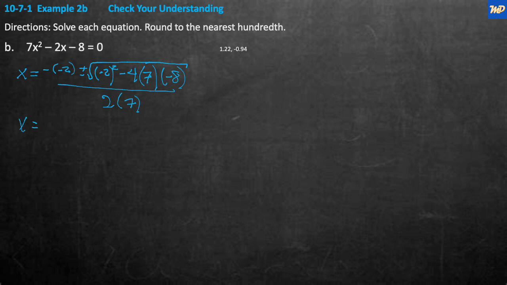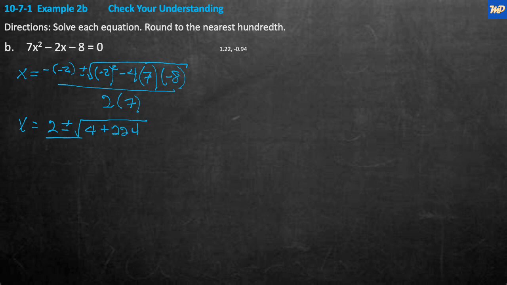x equals minus a minus 2, plus or minus the square root of negative 2 squared is 4, minus times a minus is a positive. So it looks like we're going to get, what does that come out to? Let's see. Okay, according to my calculator, negative 4 times 7 times negative 8 is positive 224.